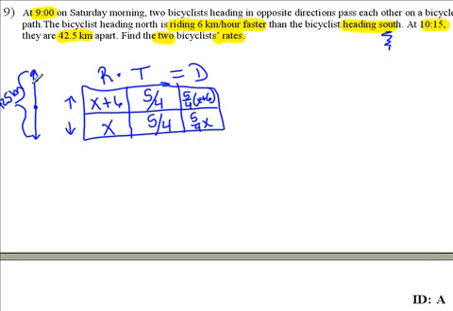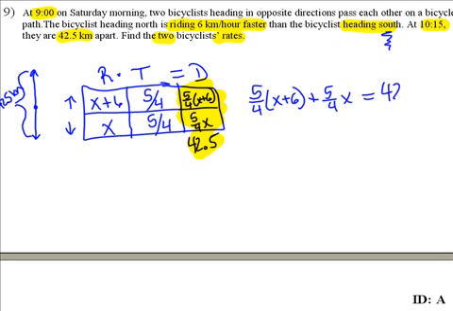But it turns out that they cover together a total of 42.5 kilometers. So I have an equation sitting right here in this little chart. If I take the distance of the northbound bicyclist and add it to the distance of the southbound bicyclist, it has to equal the total distance between them.